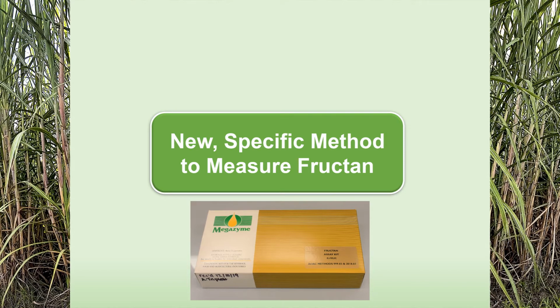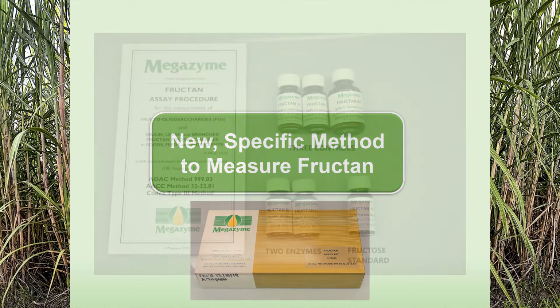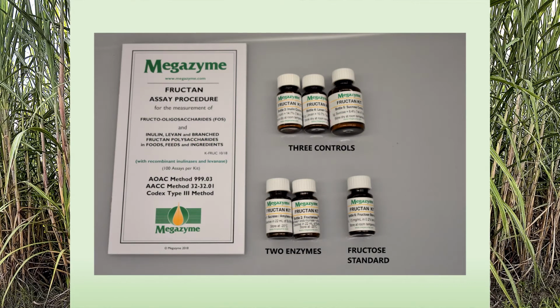We're talking about this tomorrow, but basically I had to look at what the different polysaccharides were other than dextran, and I was surprised to see there was now a fructan kit available. It's only just come out because these enzymes, a part of the kit, are recombinant enzymes. They're quite new.